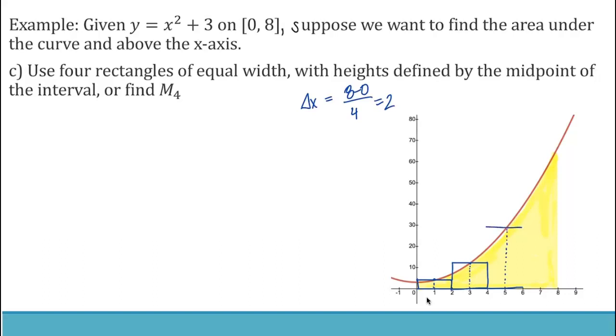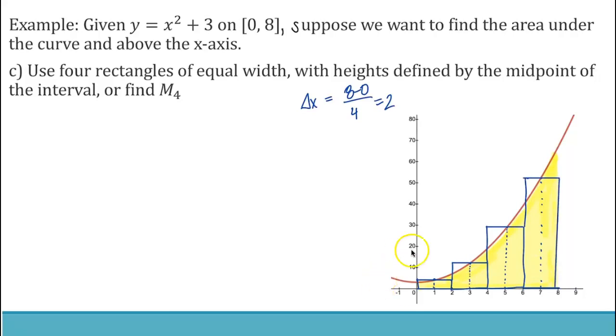So over that interval from 4 to 6, that height is going to be defined by plugging 5 into the function. And finally, between 6 and 8, the midpoint is 7. 7 is halfway between 6 and 8, so that's going to define my height over that last interval.